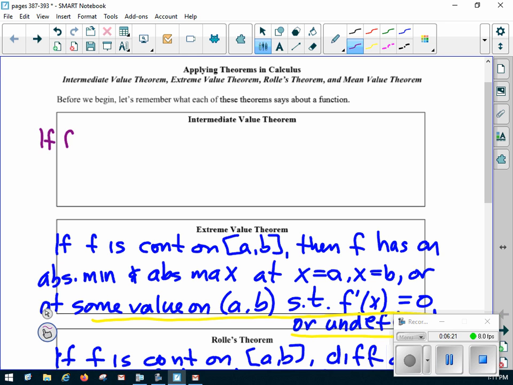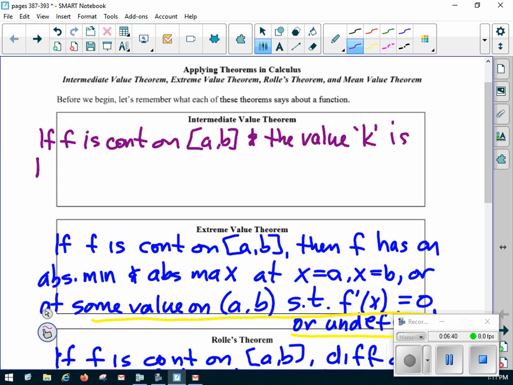Okay, if f is continuous on the closed interval a to b, use k, and the value k is between f of a and f of b. Some number. In this case, Ransom's height is continuous from the 6th grade to the 12th grade, right?